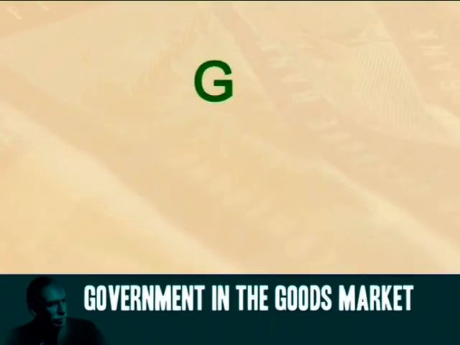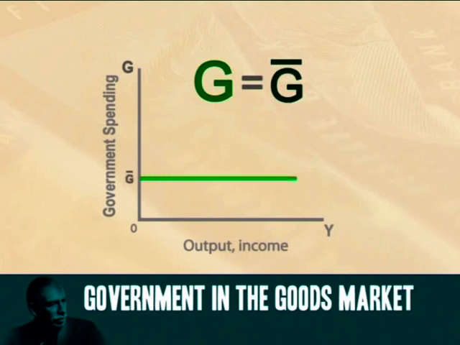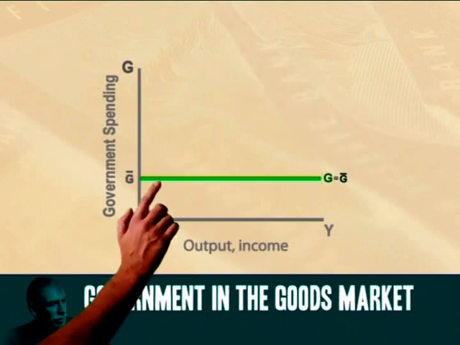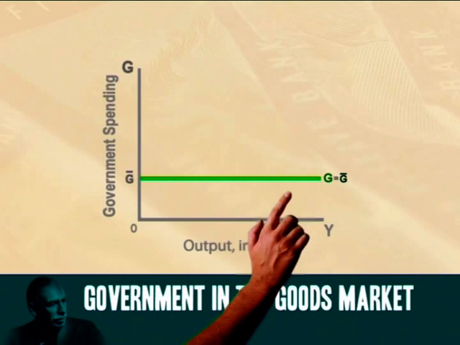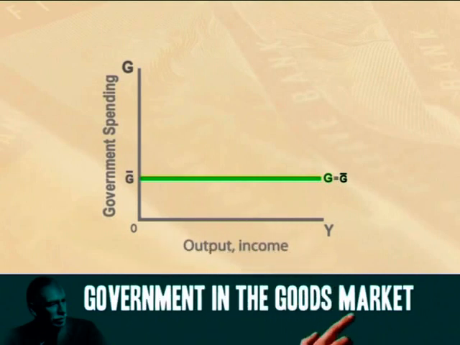So G equals G bar. Output and income have no influence on how much is spent by the government. On our graph, it's represented as a horizontal curve, a level of spending that stays the same across all levels of output and income. An increase in government spending causes an upward shift of the government spending curve.